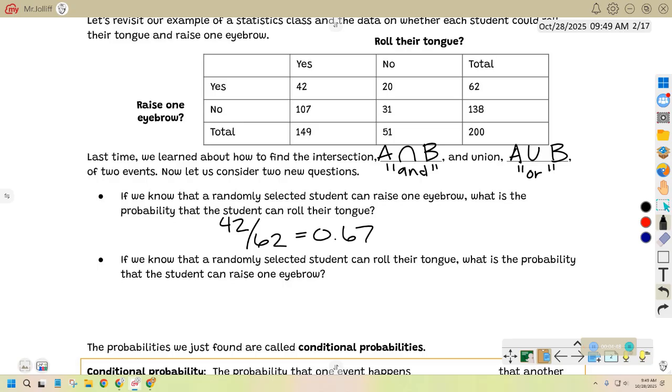So let's look at where 42 out of 62 came from. 42 is the both: they can raise one eyebrow and they can roll their tongue. 62 is the raise one eyebrow.